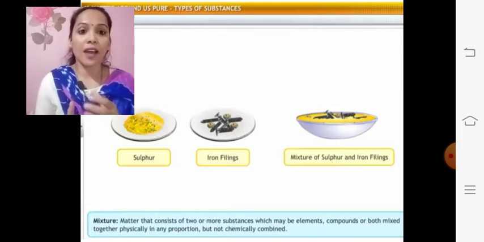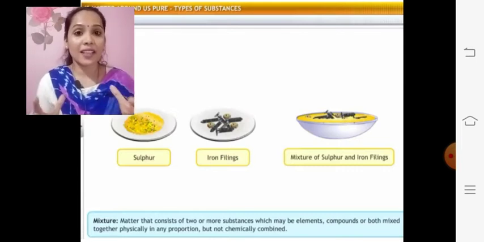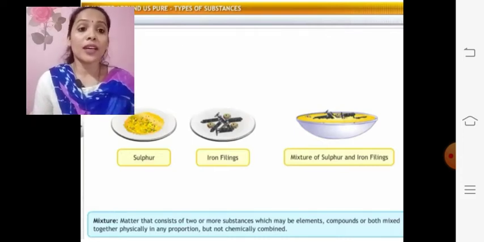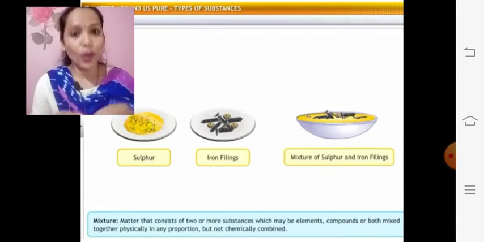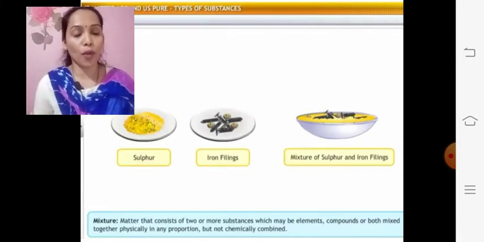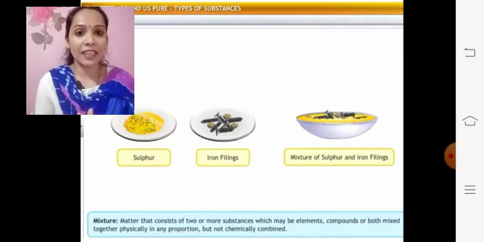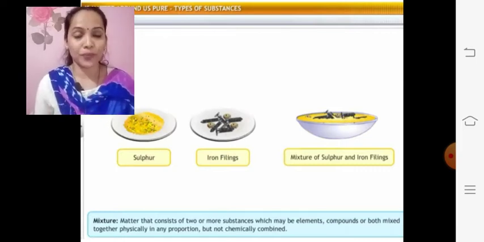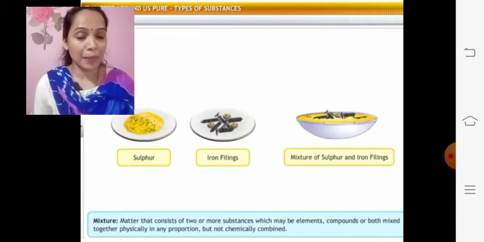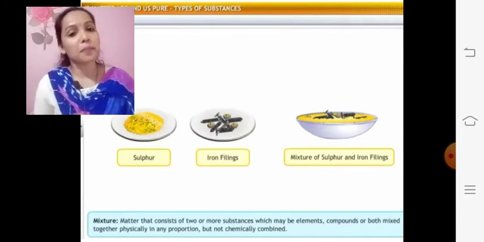Mixtures are substances that are made up of two or more pure substances. When two or more elements or compounds or a combination of both are together physically in any ratio, but they are not chemically combined, then it is called a mixture.